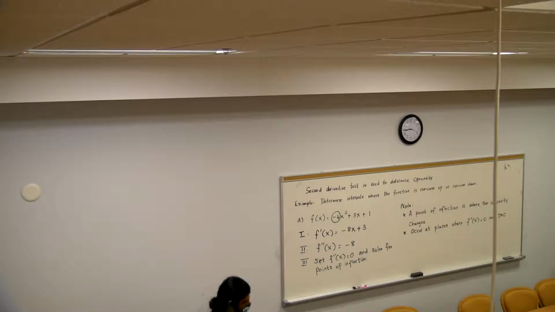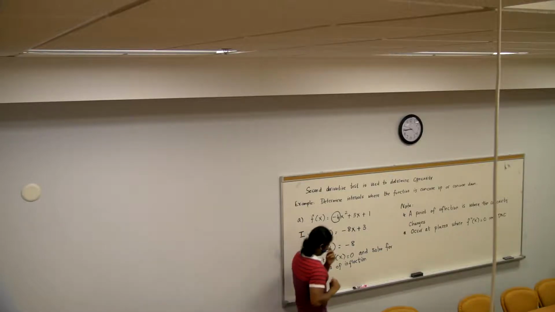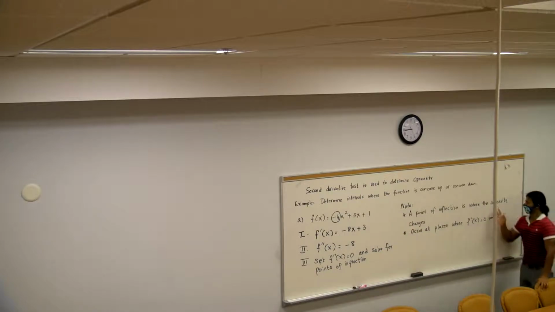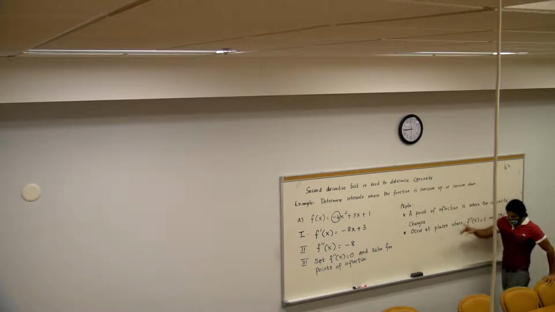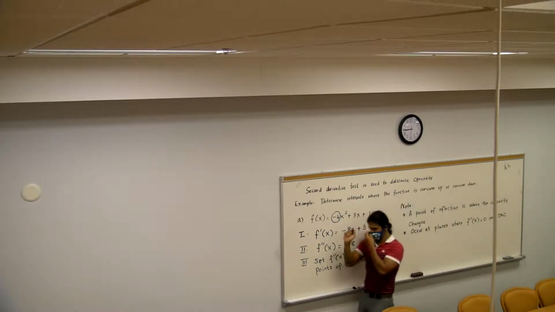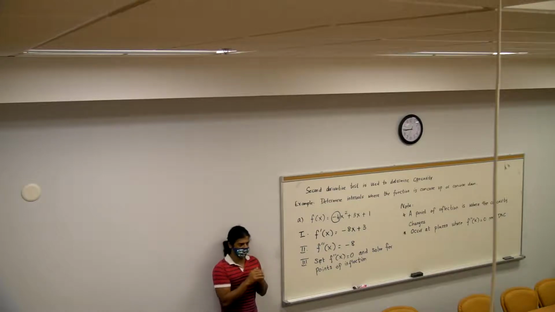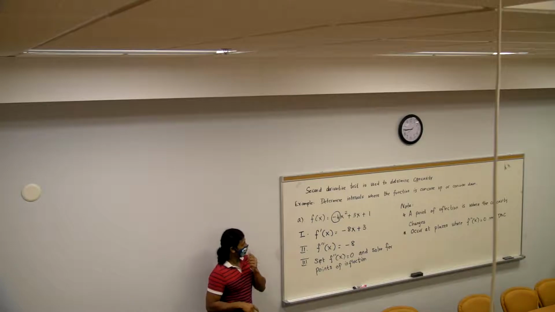Never mind. I want you to read this carefully. A point of inflection is where the concavity changes. Even before we did all this, I asked you a question. Is it going to be concave up or concave down? And Bracken said concave down. Now, is there a point where the concavity will change?